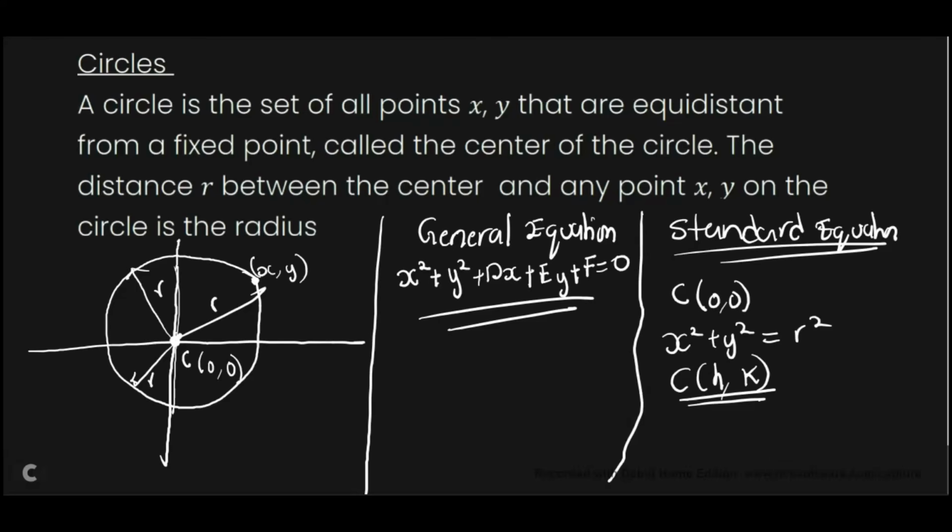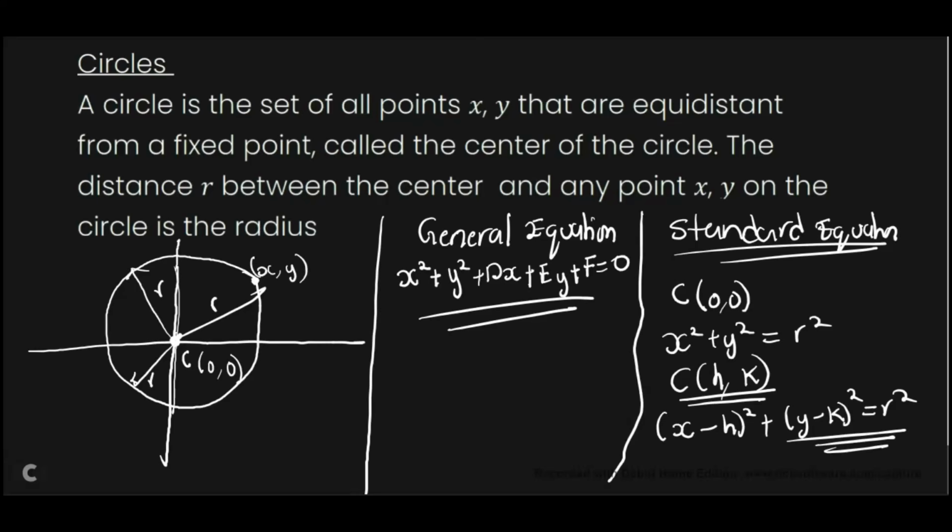Since the other point is h and k, you have x minus h squared plus y minus k squared equal to r squared. So this is your standard equation of the circle when the center is h comma k.